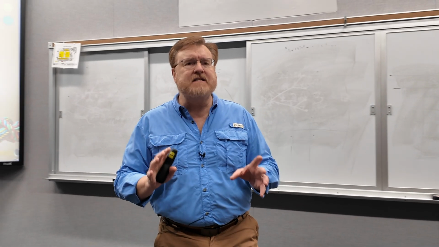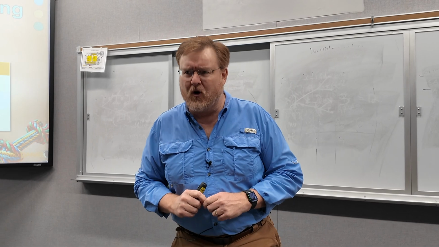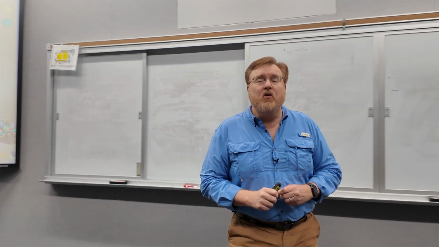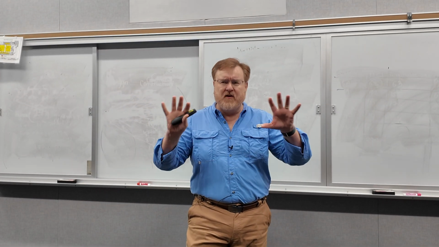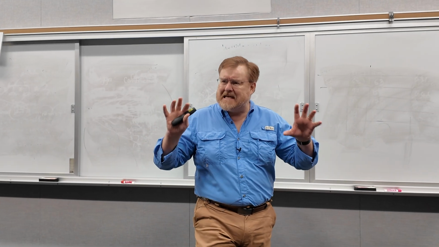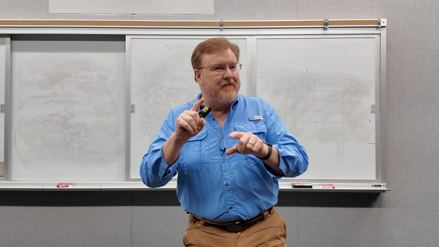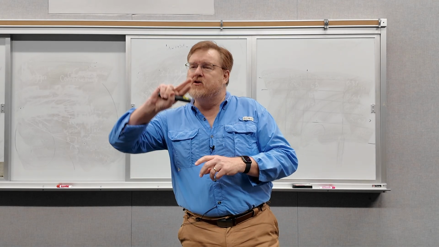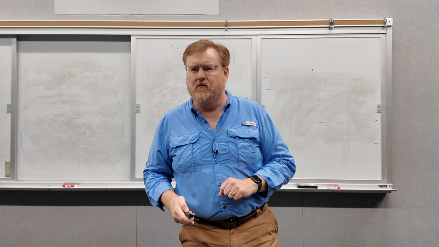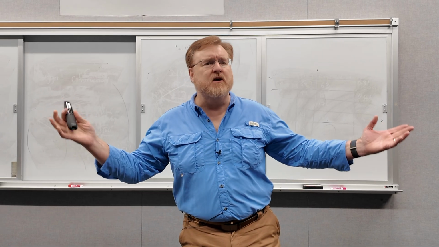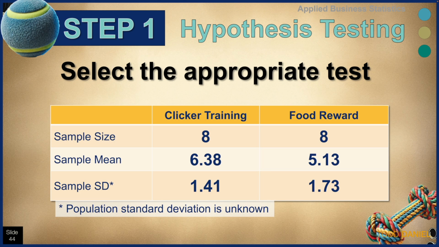Now, you may recall that I said pay attention to the blue wording, the blue letters. You will notice that the structure of this research is almost exactly the same, and the blue wording, that's where our differences lie. 2 independent groups versus paired groups. We do this research. Here's what we find. The clicker and the food reward training groups both have a sample size of 8.